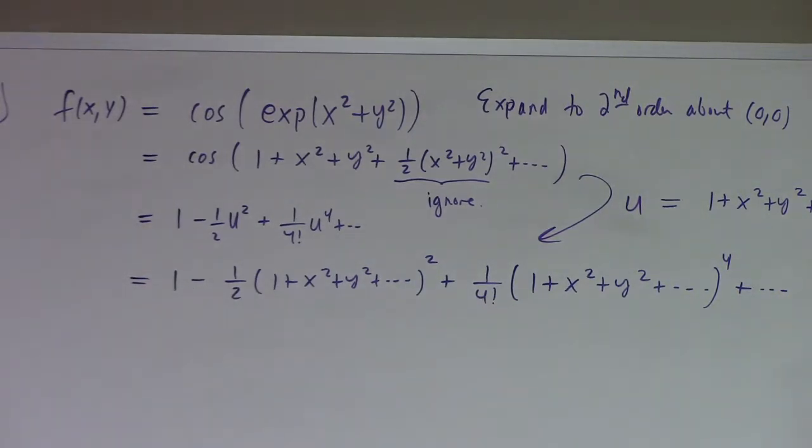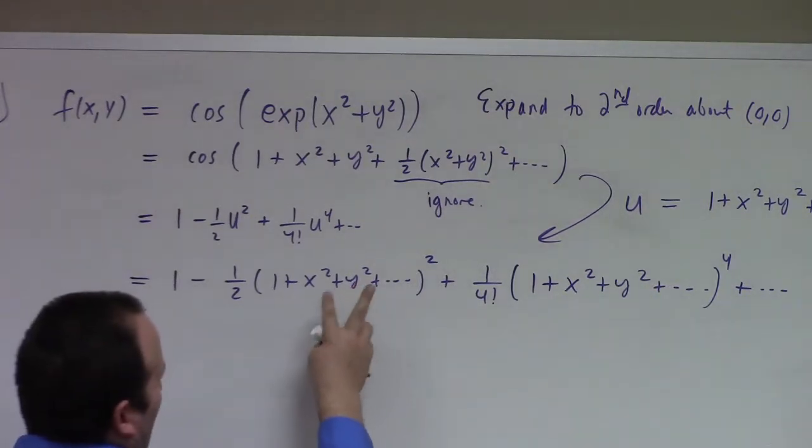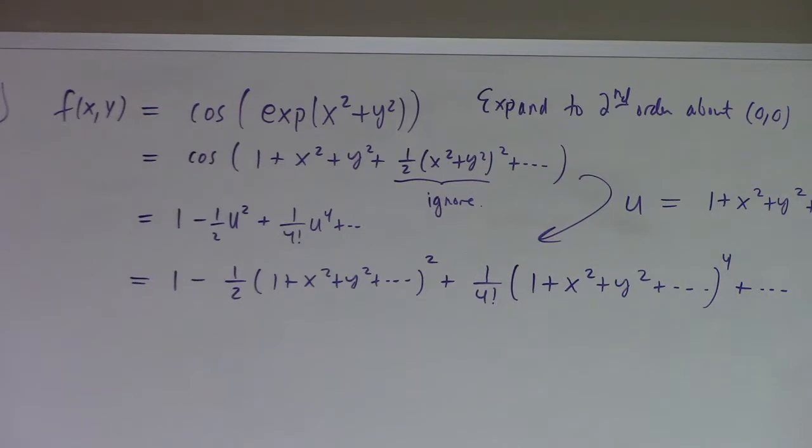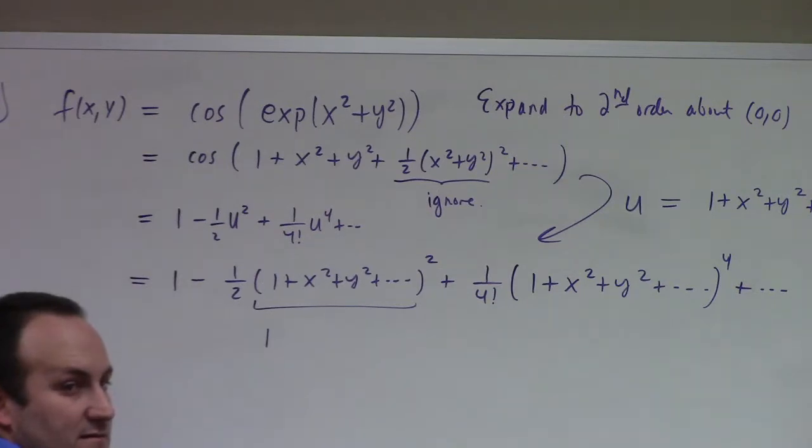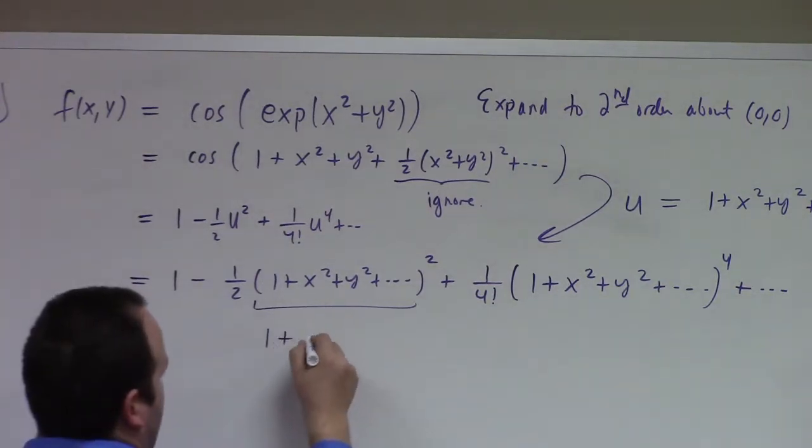So in order for this to be legit, in terms of not making a bunch of extra work for us, the question is, can we actually easily neglect everything that's in the plus dot dot dot? And I say to you, no, we cannot do that. Because when I square this, what happens? I've got 1 as part of that, and then plus other stuff. I don't really care about the other stuff.